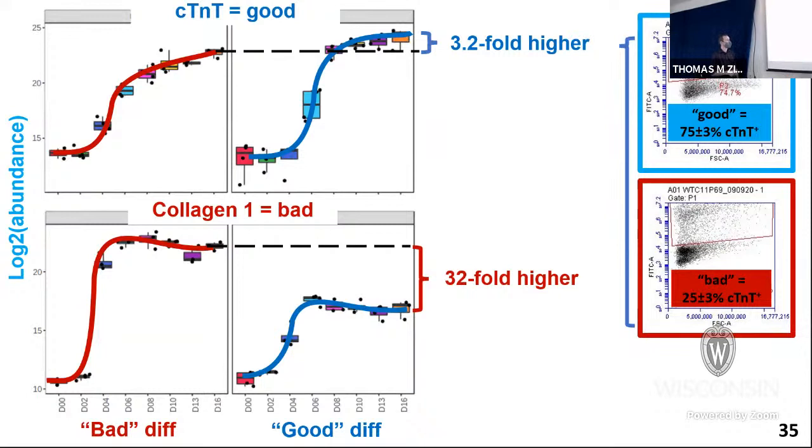Here we do see a quite significant 32-fold higher production of this collagen in the bad differentiation versus the good. Again, the cardiomyocytes shouldn't be secreting this, so it is likely coming from those off-target cell types, because we still do have 25% of our cells that are not cardiomyocytes in this differentiation. So that's good to see. It kind of confirms that the data looks good and is showing what we expect to see.